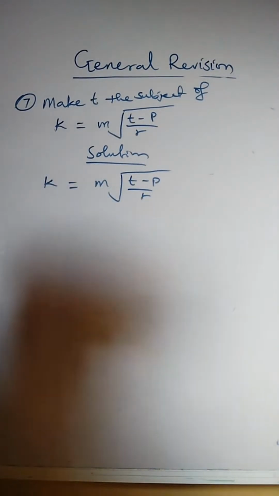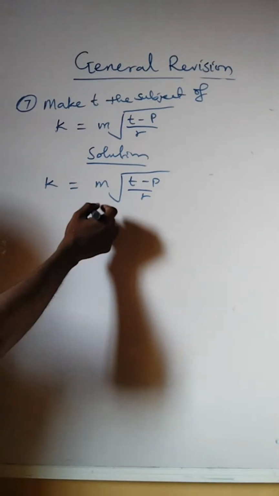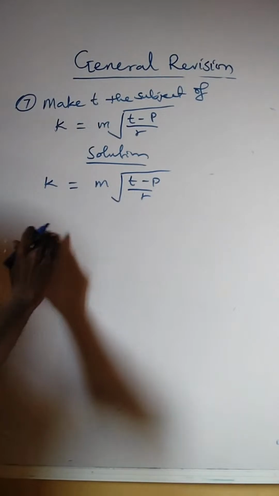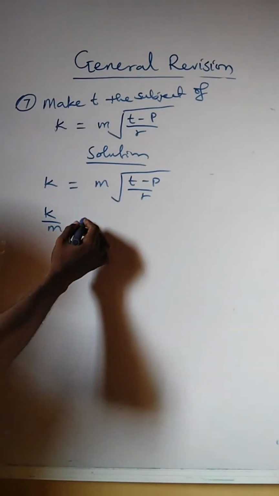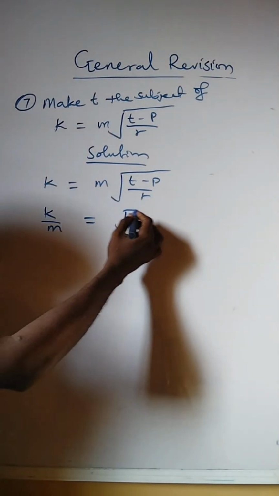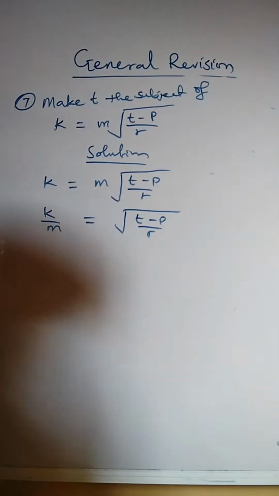Now, our focus is to make T stand alone on one side. That's the meaning of making T the subject. So, first, we can remove this M. When we divide both sides by M, this becomes K over M. Then we are left with square root of T minus P over R here.